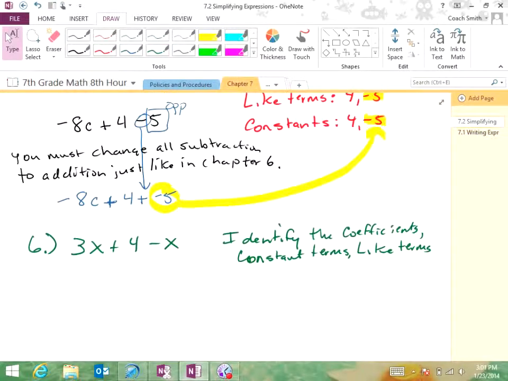Okay, so that's what they want us to identify. 1, 2, and 3 in this problem.